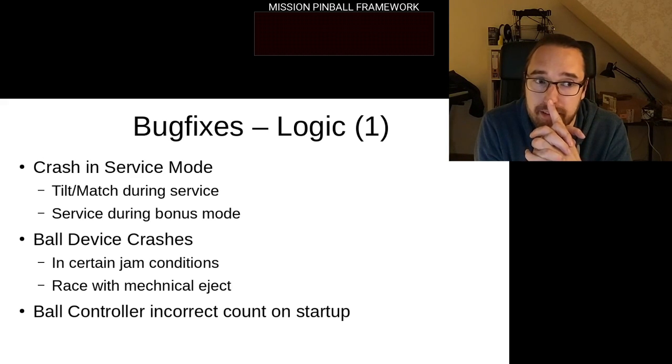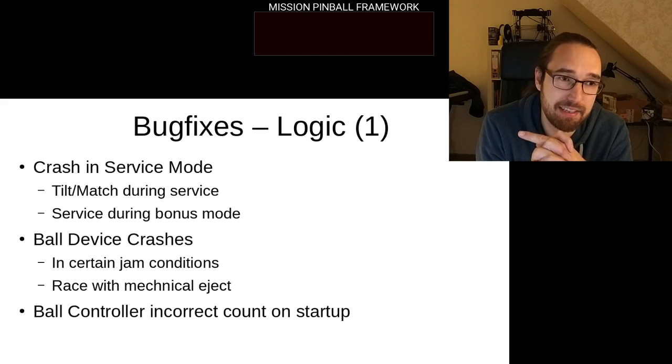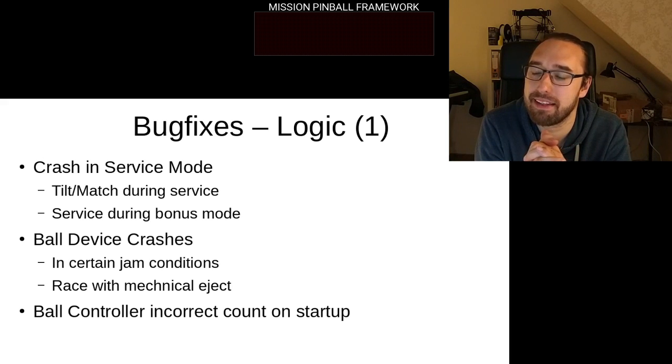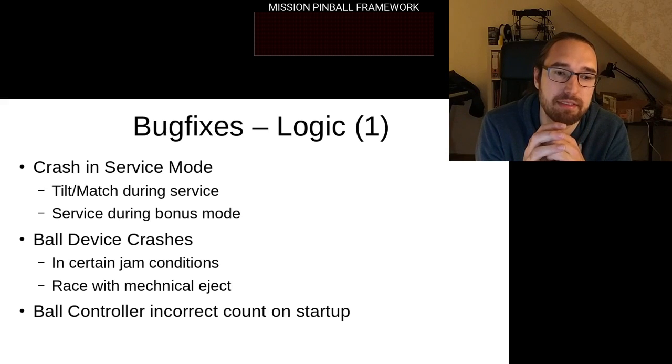And we had a long-standing bug, which I personally had in my machine quite a few times. On startup we sometimes incorrectly counted balls when you had an entrance switch.